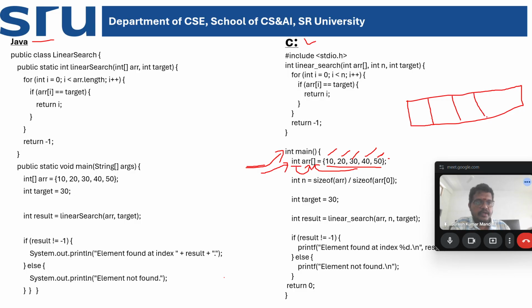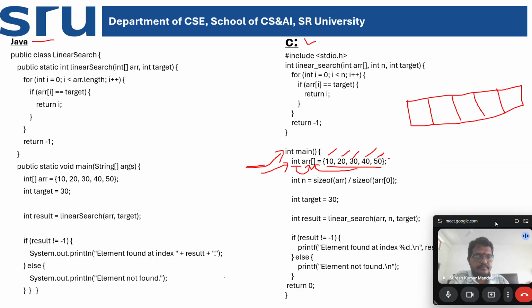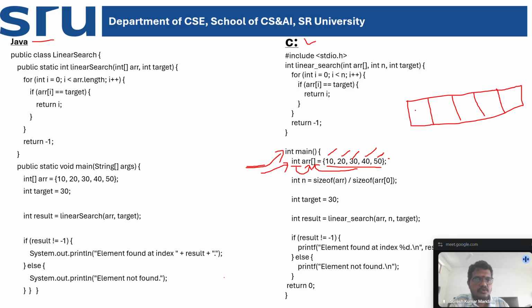Here we store the values 10, 20, 30, 40 and 50, and the index numbers are 0, 1, 2, 3 and 4. This is the name of the array; we gave the array name as arr.